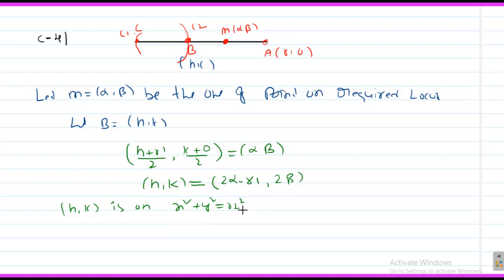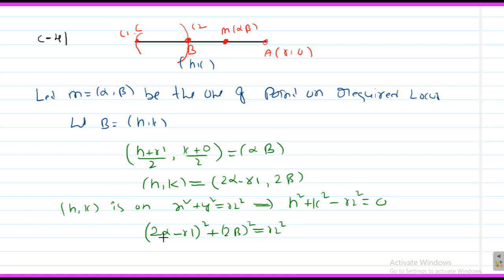What is the meaning of that? h square plus k square minus R2 square equal to 0. So instead of h and k, I can write 2 alpha minus R1 whole square plus 2 beta whole square equal to R2 square.